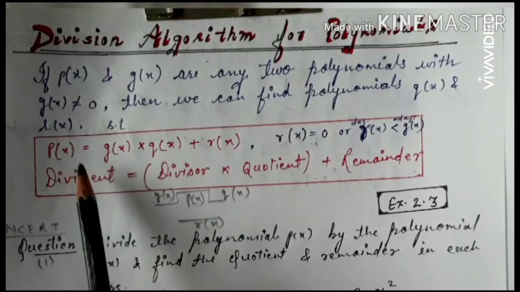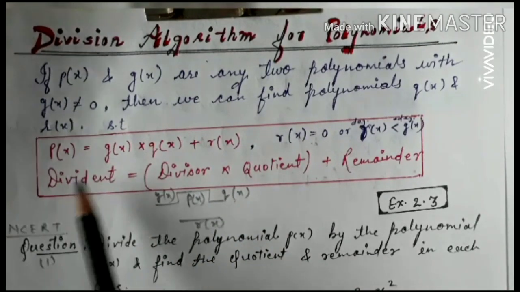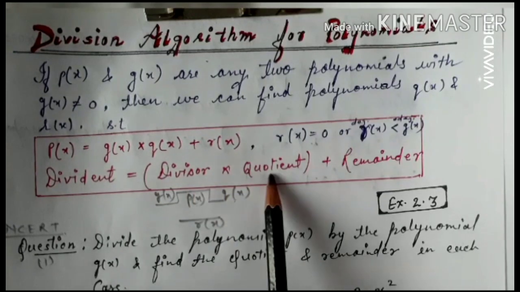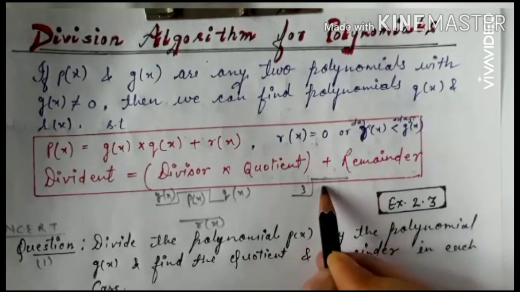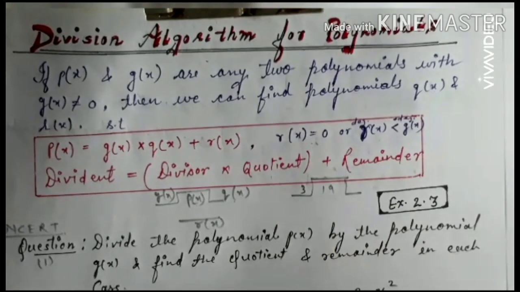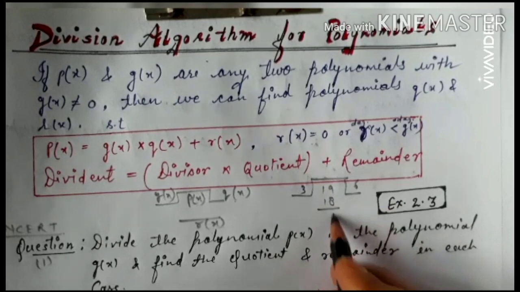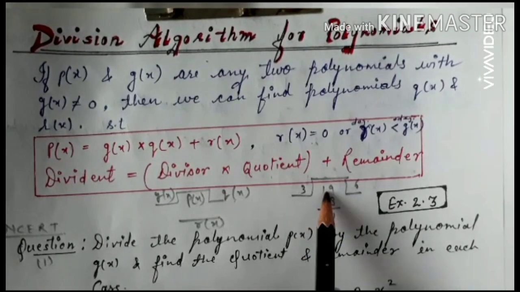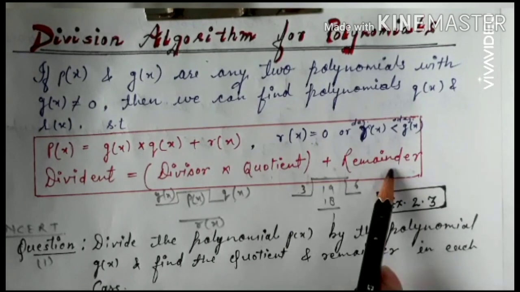So here, what is the division algorithm? Division algorithm is dividend equal to divisor multiplied by quotient plus remainder, as you have studied. Suppose you are dividing 19 by 3. How much will you get? 3 sixes are 18 and the remainder is 1. So 19 equals 6 times 3, which is 18, plus 1. The same process applies here.